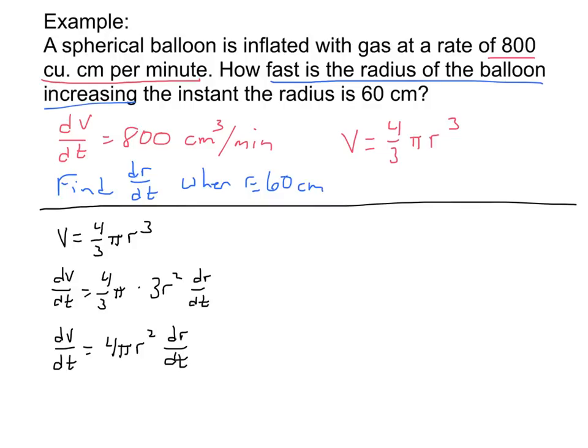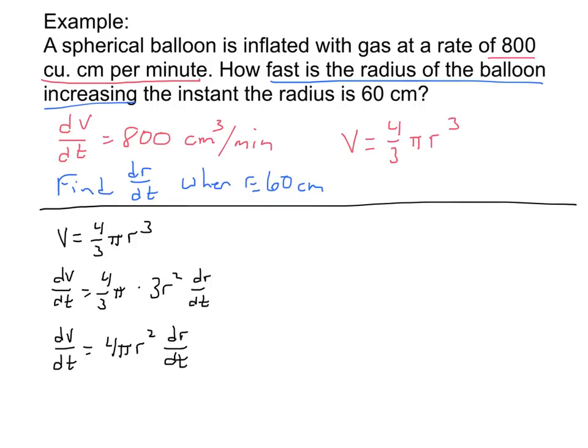Now what we need to do is go through. I didn't draw a diagram on this one, mainly because I know it's going to be a circle, I just have a circle on there. Couldn't really draw a balloon necessarily, but what I'm going to do at this point is plug in the information that I know and then solve this for dr/dt.